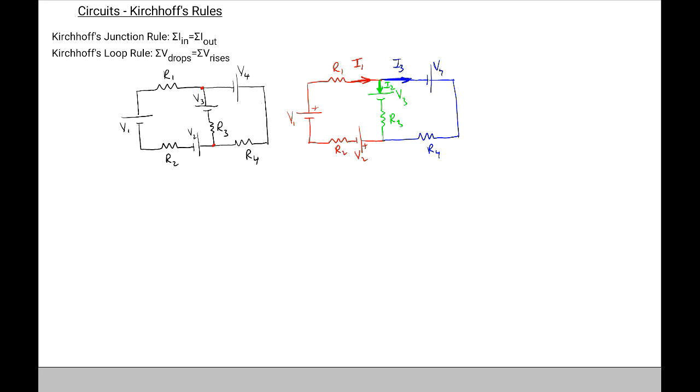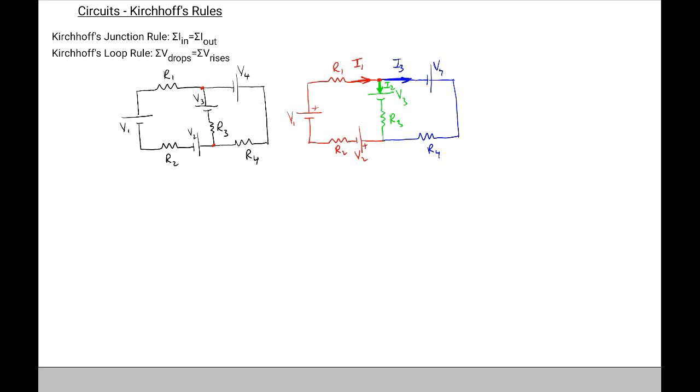So now, remembering that we had a junction right here, we can look at the junction rule and say, well, the currents going into the junction is equal to the currents coming out of the junction. So into the junction we only have I1. Only I1 points into it. I2 and I3 point out of the junction.